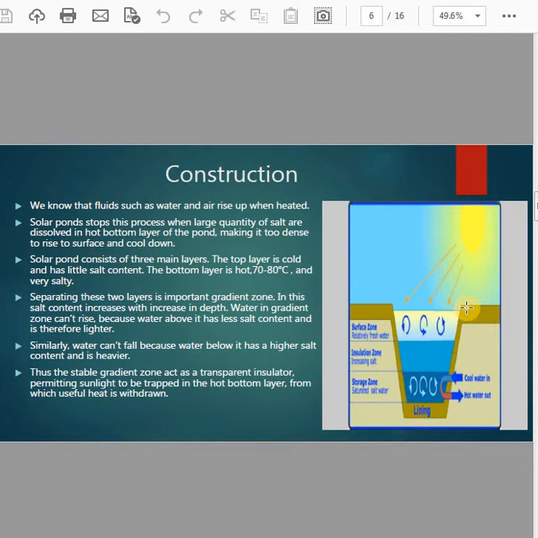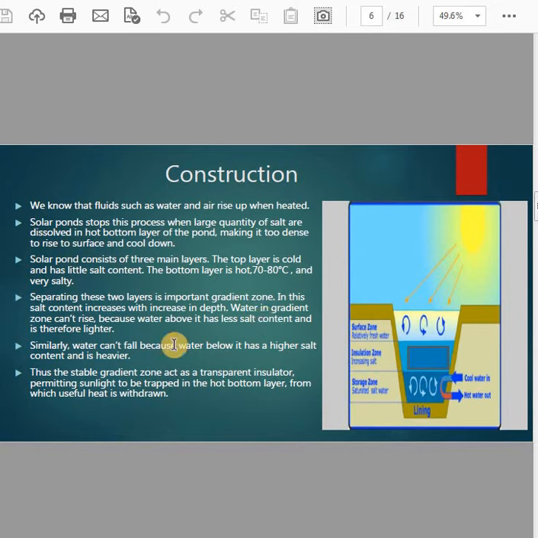Because the water above it has less salt content, it is lighter in this area, whereas in this area it is heavier. In this area there is hot water circulating.